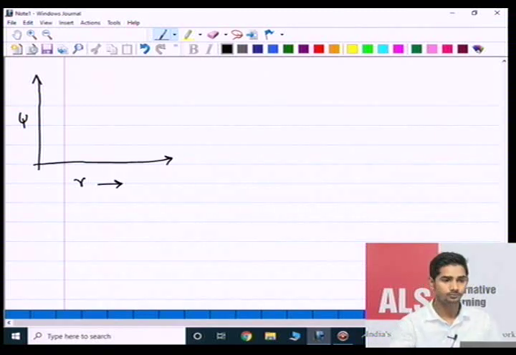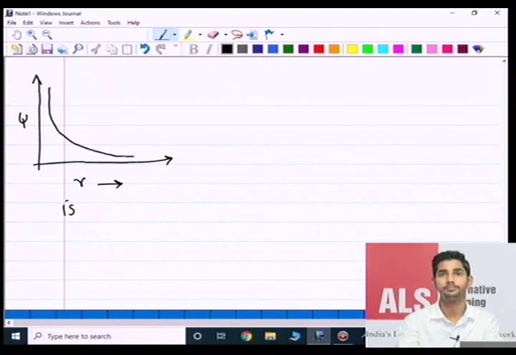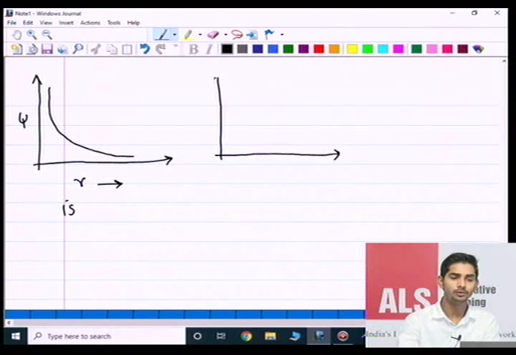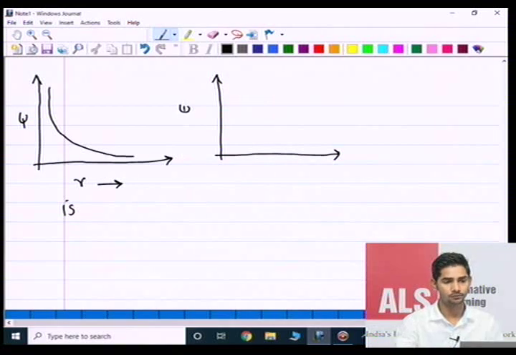Now, for 1s, this graph actually looks like this. Guys, do one thing, please draw it in the same manner in which I am drawing for you. This is for the 2s. It looks like this.